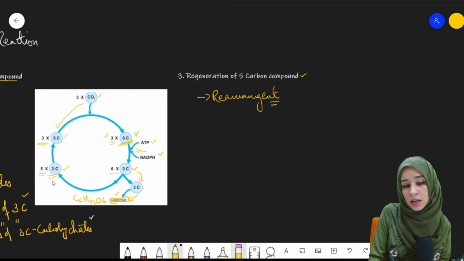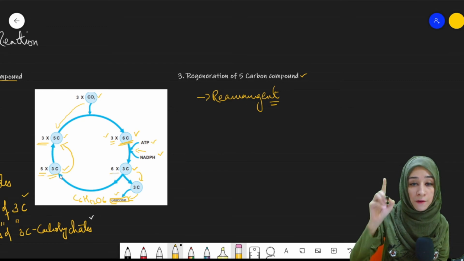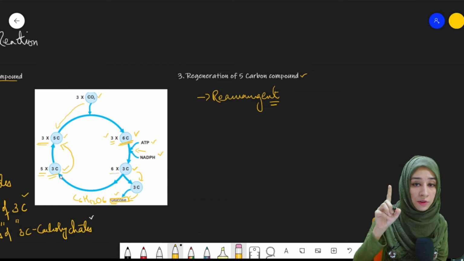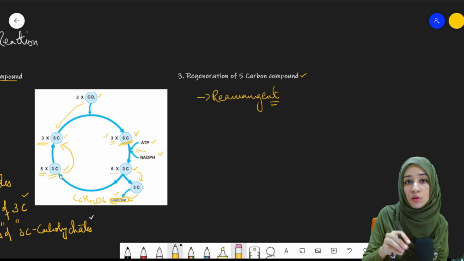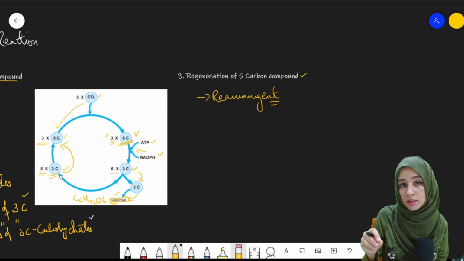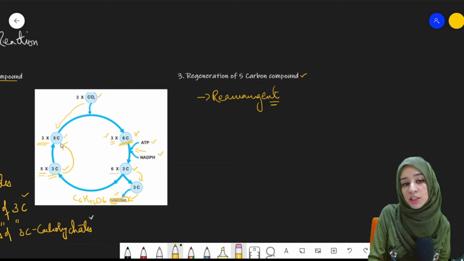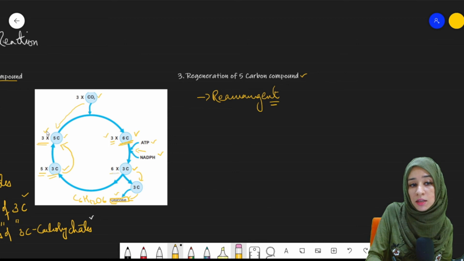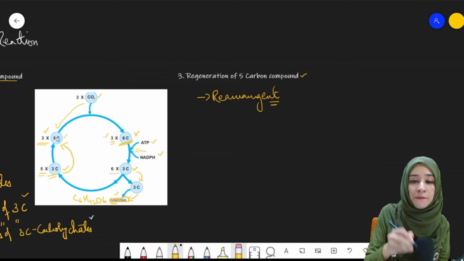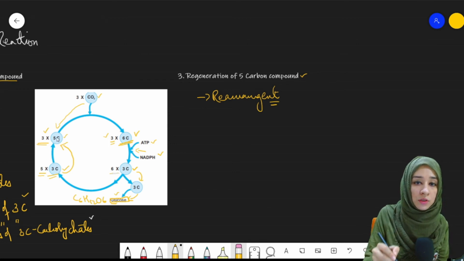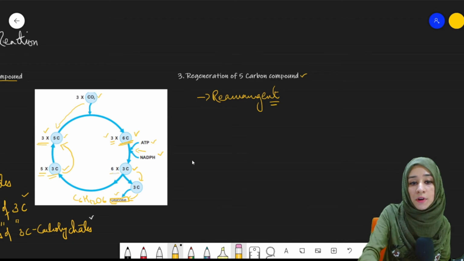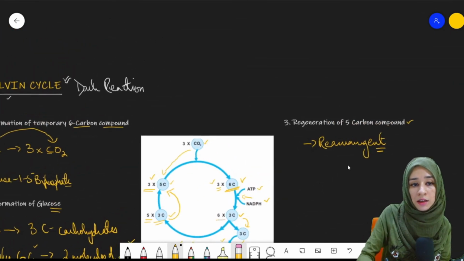These 3-carbon carbohydrates will rearrange to regenerate the first 5-carbon compound, which was ribulose 1,5-biphosphate. Remember? So 5 molecules of 3-carbon carbohydrate will change into 3 molecules of the 5-carbon compound, which was present in the first step.